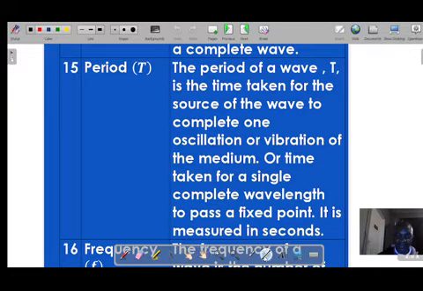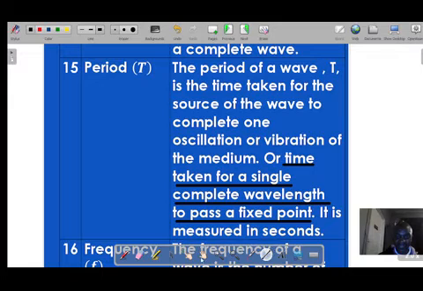I prefer this definition for period. This period time is measured in seconds.